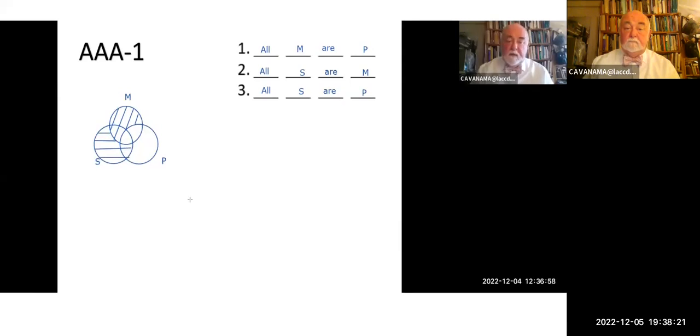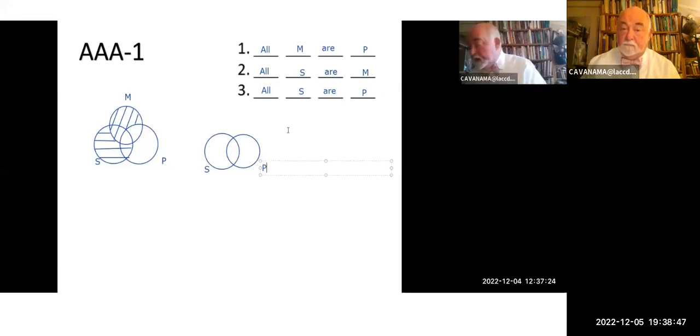Okay, good. Now we go to our Venn for the conclusion. Simple two circle. So we label S and P. Okay, and what does that conclusion have to show?